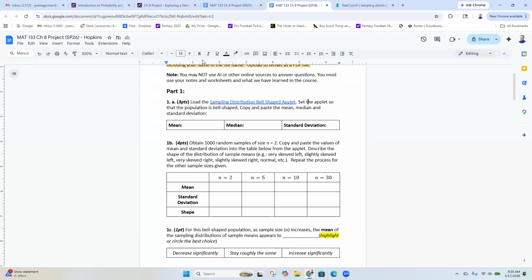The central limit theorem is an important theorem in statistics. Obviously, it's the central theorem. It's the center of everything. It's kind of like the Pythagorean theorem, one of the most important theorems in geometry.